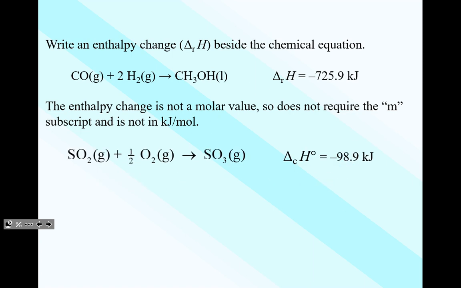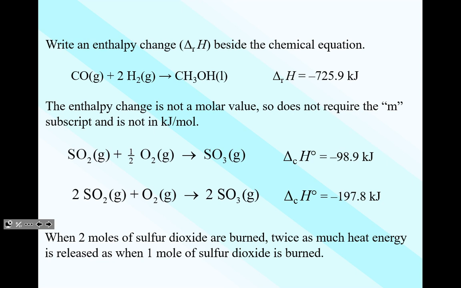Here's another example. Compare the two. When 2 moles of sulfur dioxide are burned, twice as much heat energy is released as when 1 mole of sulfur dioxide is burned. Let's take a look here. Notice we have sulfur dioxide making sulfur trioxide, and it equates to a delta H of combustion of negative 98.9 kilojoules.